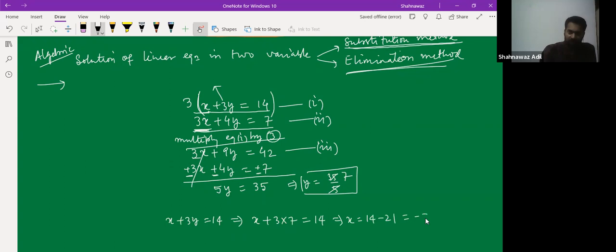And am I audible to all of you? Is my voice lagging again? Not lagging, but it's slow. Sometimes your screen, you're saying something and the screen is slow. You're saying equals minus 7, but the screen is still showing x plus 3y equals 14.